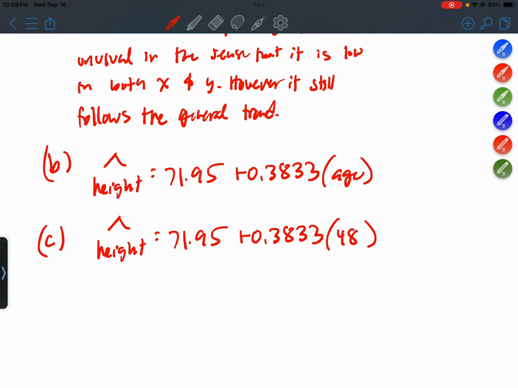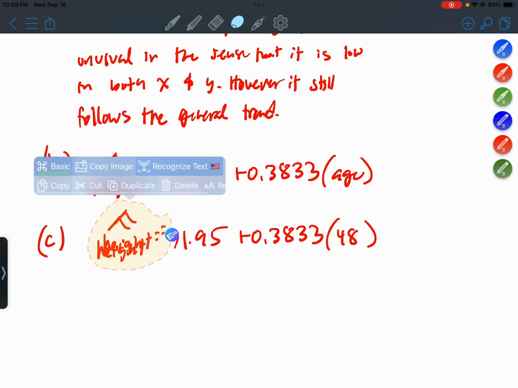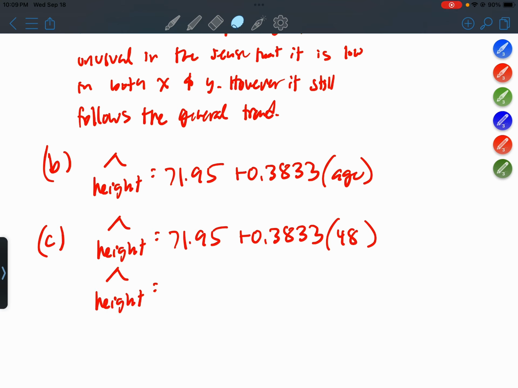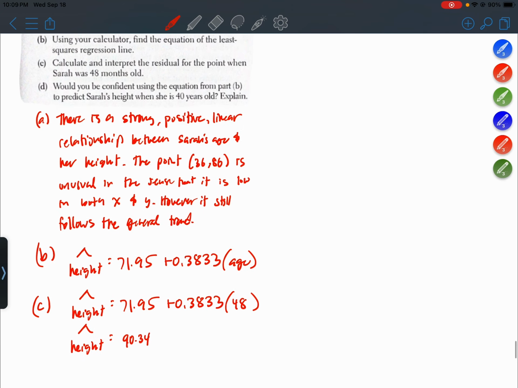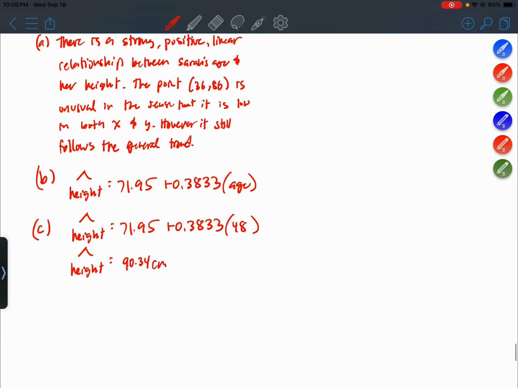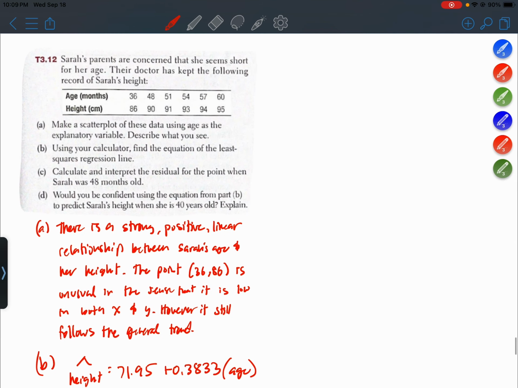So her predicted height is going to equal 71.95 plus 0.3833 times 48, which is 90.34. And this would be measured in centimeters.